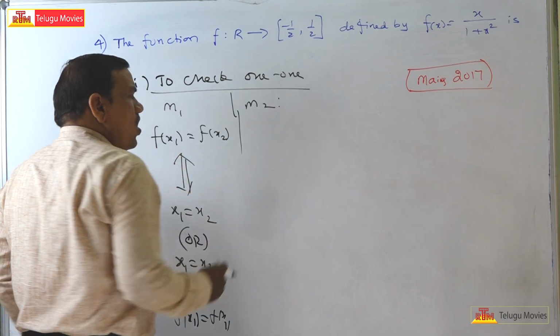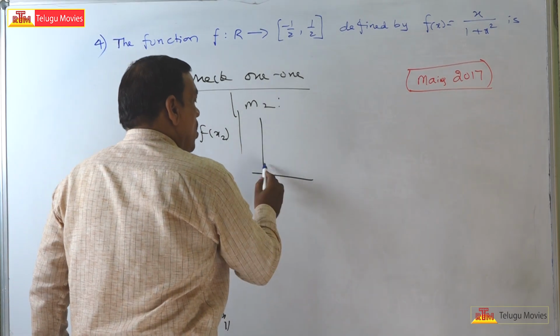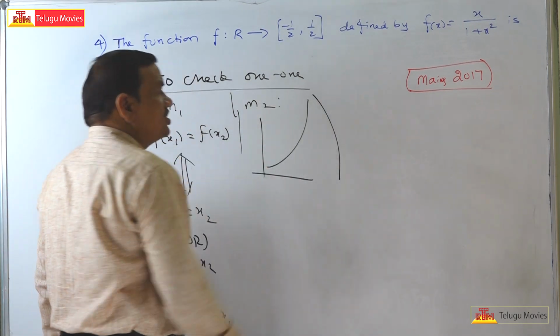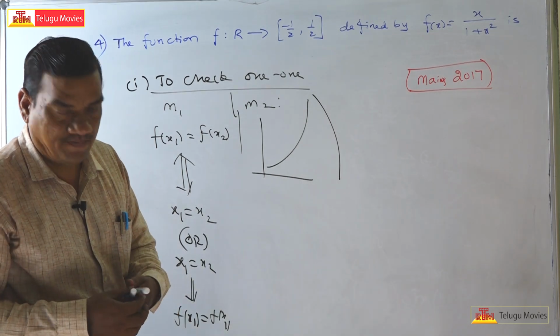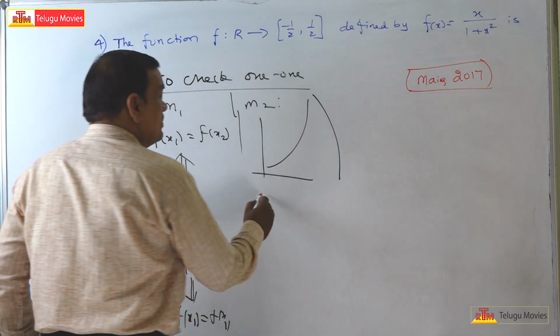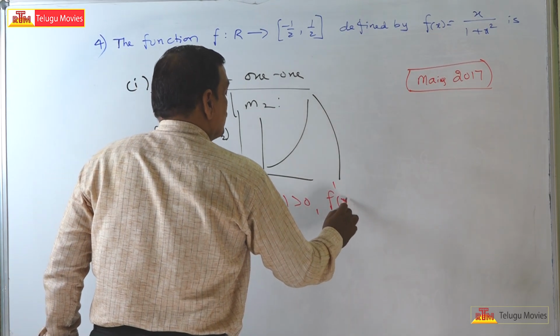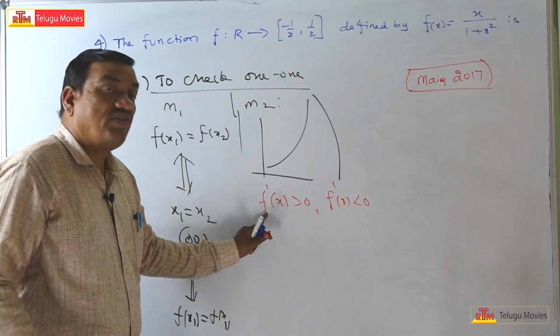All strictly increasing functions or all strictly decreasing functions are always one-one functions. So what does strictly increasing function mean? f dash of x is strictly greater than 0, or f dash of x is strictly less than 0. So first find out f dash of x.